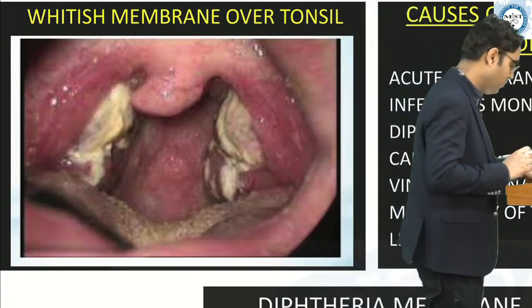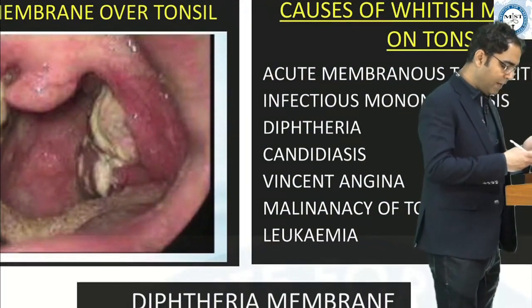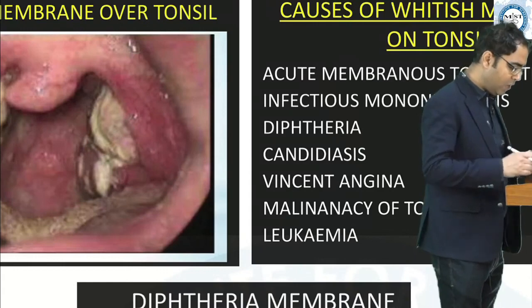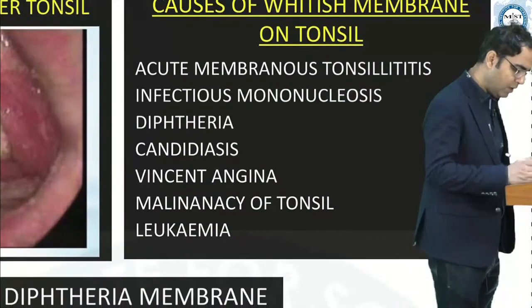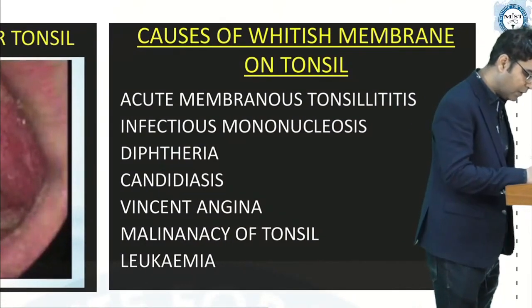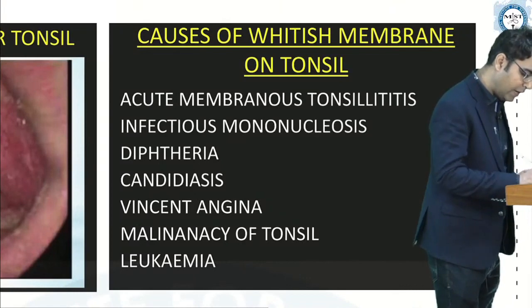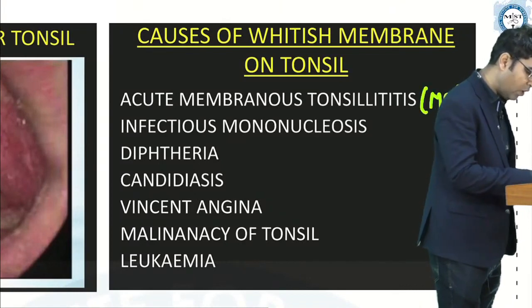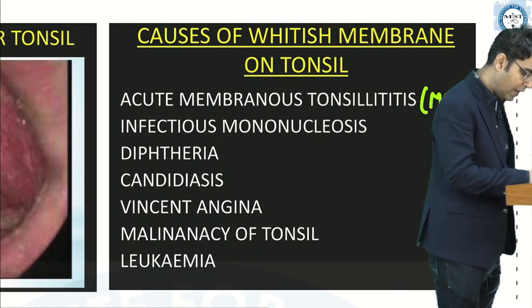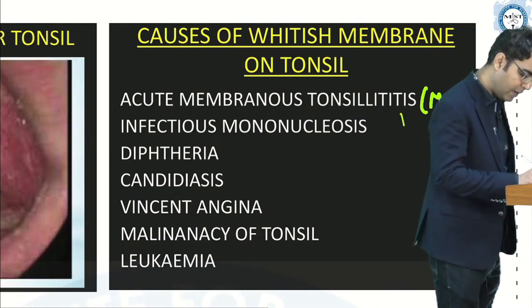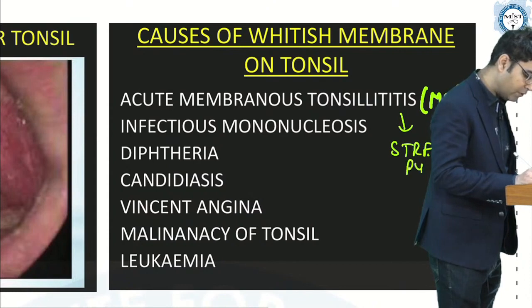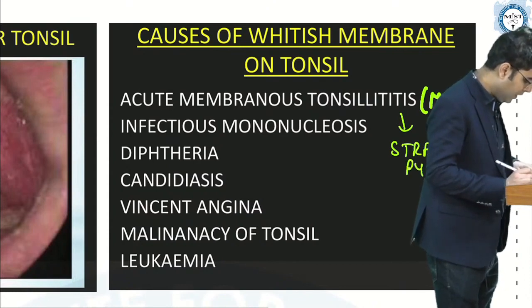Let's do that now. Number one is acute membranous tonsillitis. It is the most common cause, and it is caused by Streptococcus pyogenes, beta.